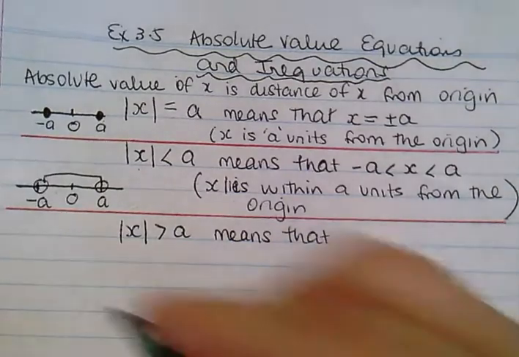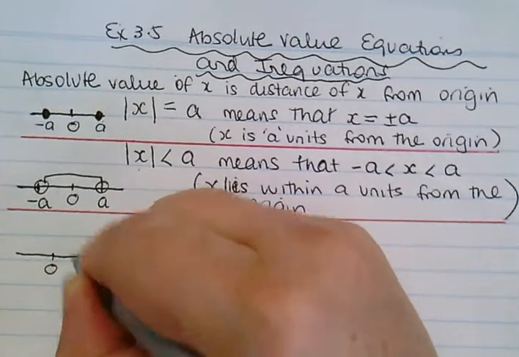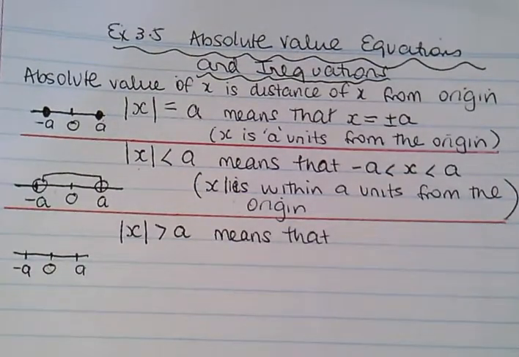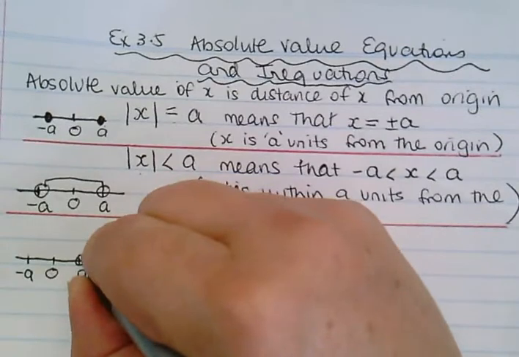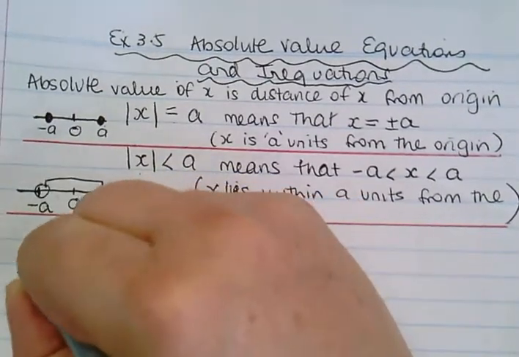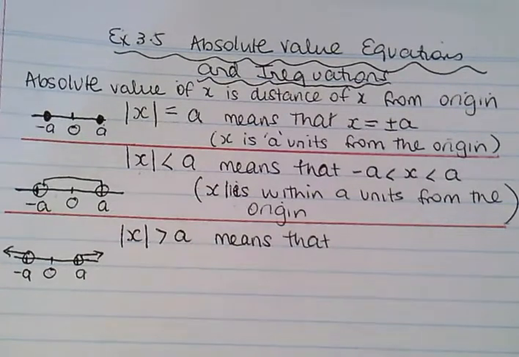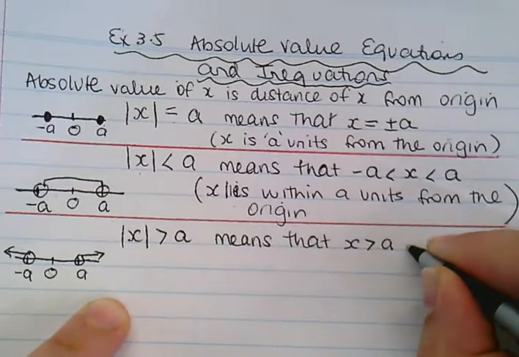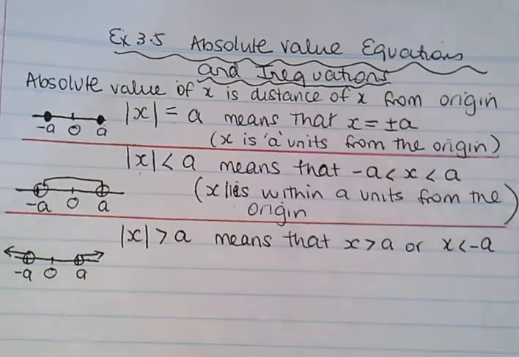If absolute value of x is greater than a, then x lies not within a units but beyond a units from the origin. It means that here x goes this way or x goes that way. It's more than a units from the origin. It means that x is greater than a and or x is less than negative a.